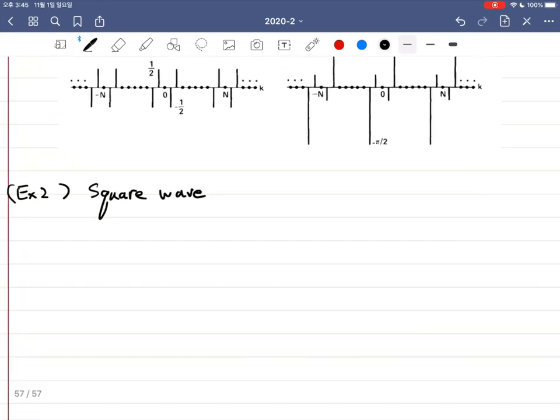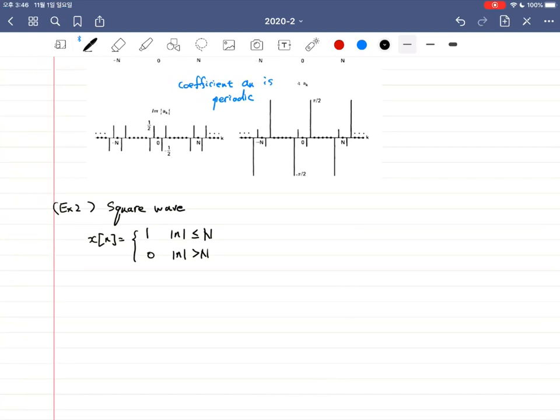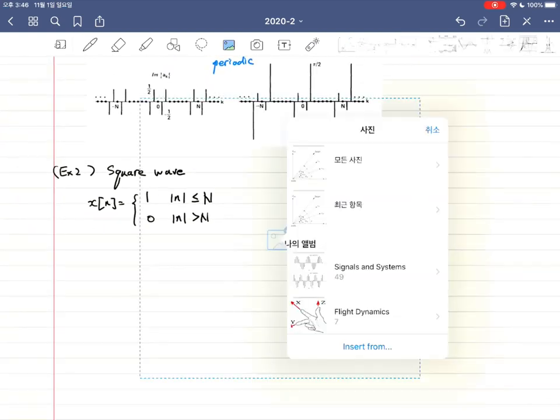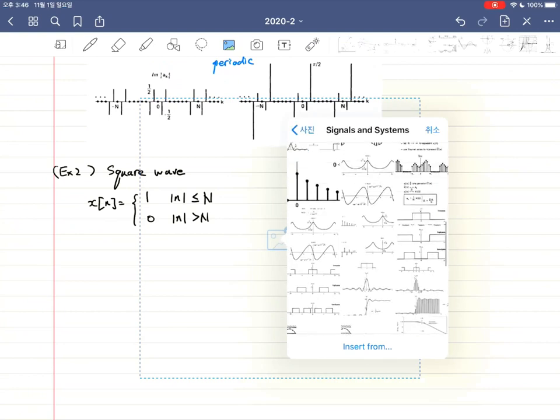So x[n] is 1 when its absolute value is smaller than or equal to large N, and 0 otherwise. And if I may draw this, no, I will just import this signal.